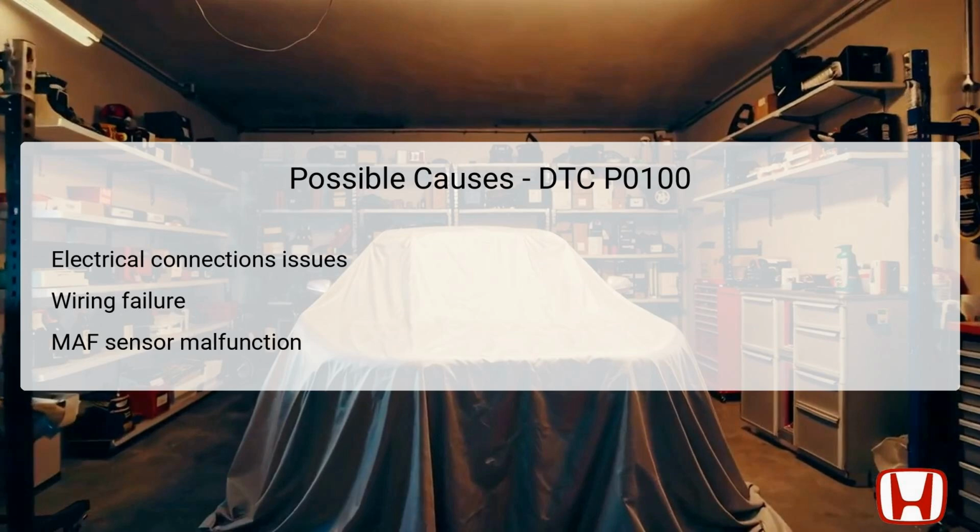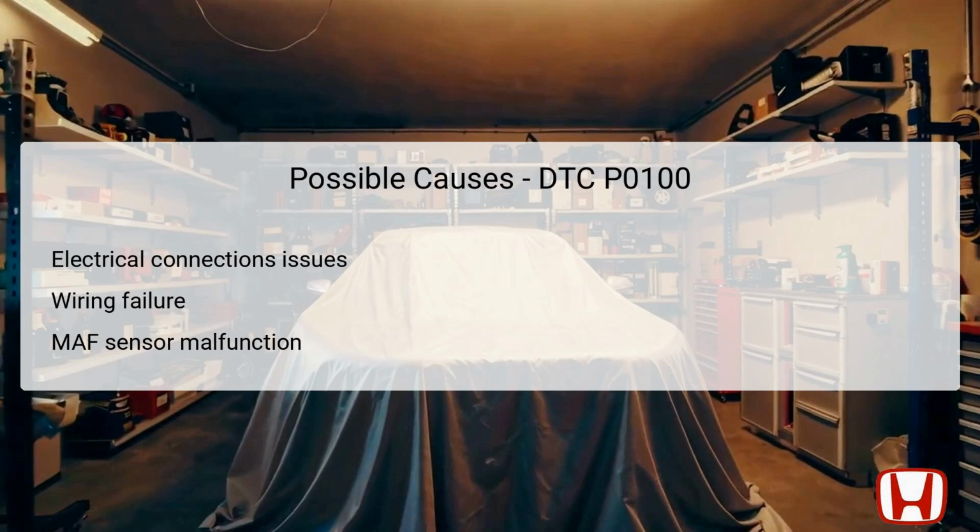The potential causes of DTC P0100 encompass several areas that may impact the MAF sensor circuit. First, electrical connection issues between the MAF sensor and the engine control module can lead to signal inconsistencies. Poor connections, such as those that are loose or corroded, can interrupt the continuous flow of data necessary for proper engine management.